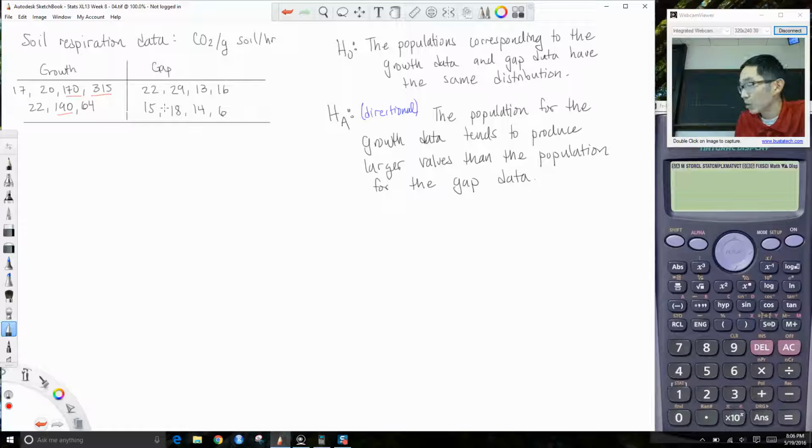This is an indication that whatever parent population we have for these growth numbers, it's probably not going to be the normal distribution. And then we only have 7 or 8 values, so it's not big enough for the central limit theorem to work. We have relatively small samples. So the way this is going to work, our first step will be to arrange the values in columns from least to greatest.